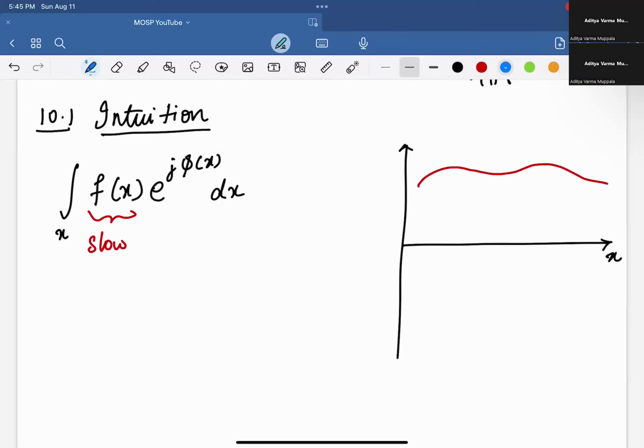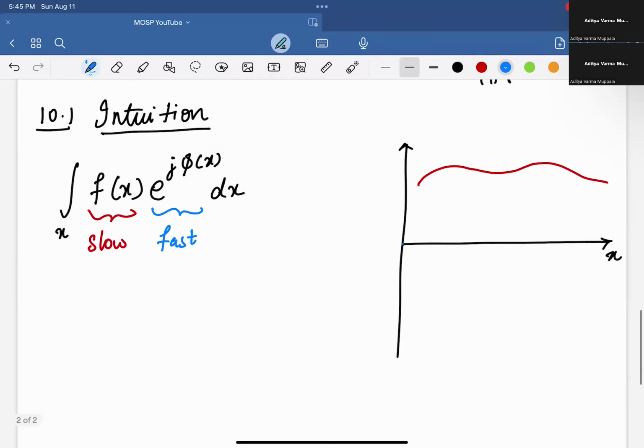And then let's say phi of x can be anything, but this whole exponential term is sinusoidal, right? It has a real part and an imaginary part. So this varies very fast when phi of x is large, right? So it could vary something like this.